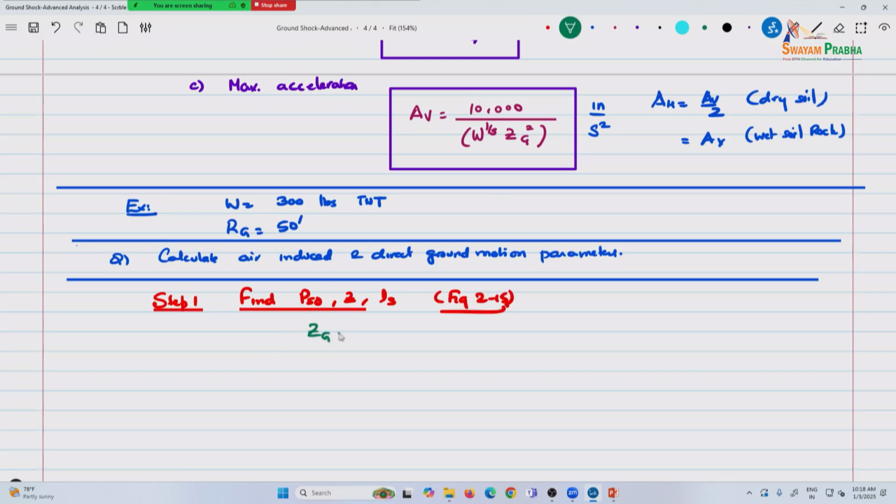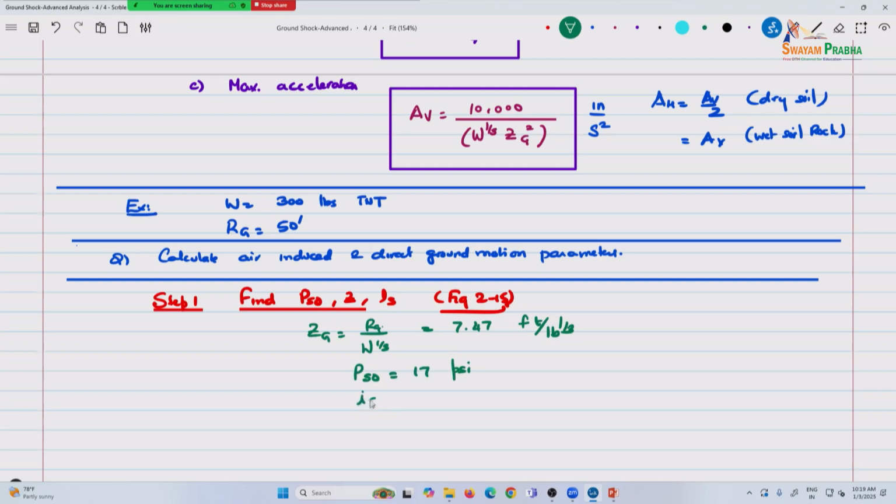Z sub G is R by W power 1/3, which comes to 7.47. From figure 2-15 you get PSO is equal to 17 PSI.